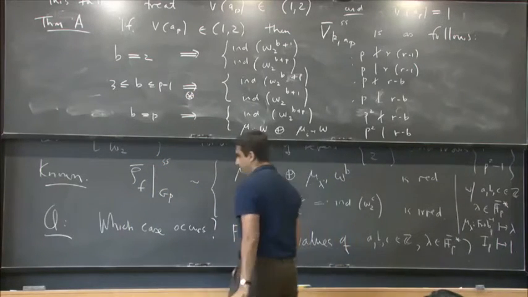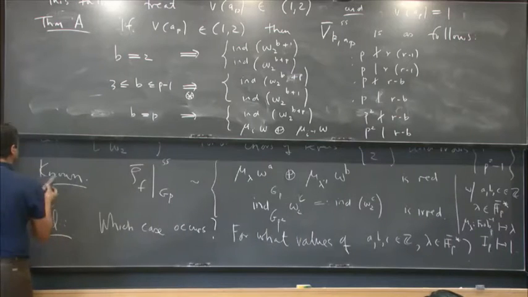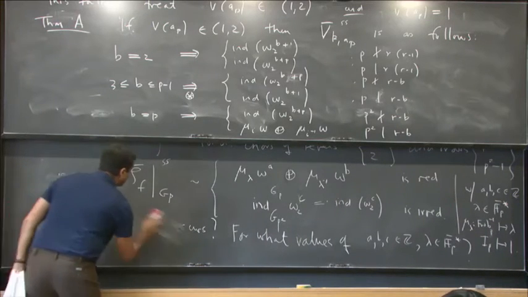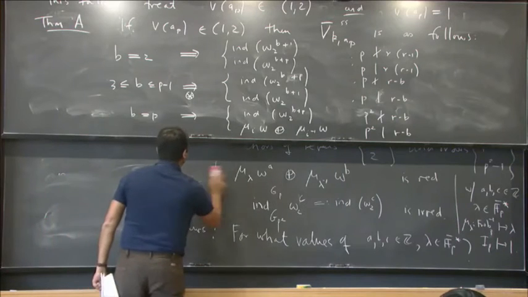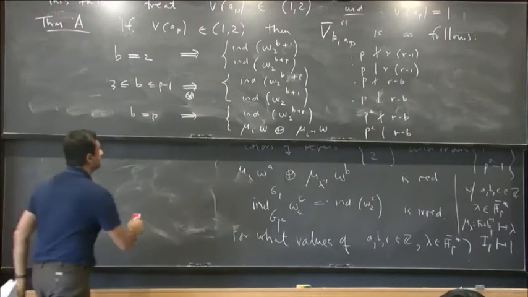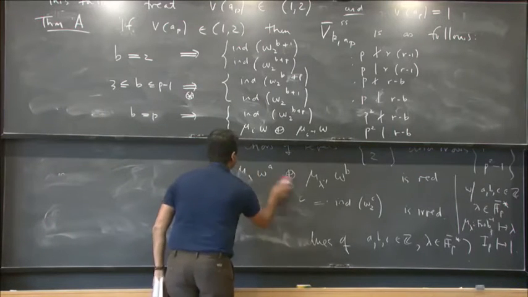And there's a mild hypothesis that we work under only when b is equal to 3. So let me write that down. It's similar to something similar to what happens over here, A equals 1 case.